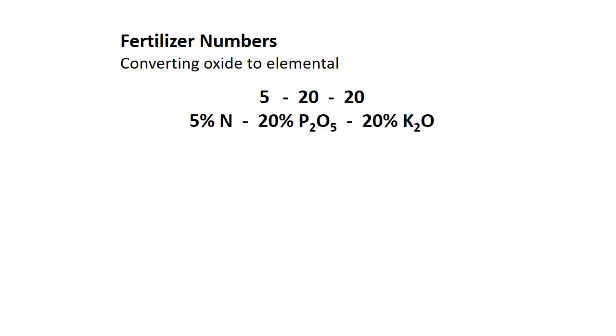So here's an example. All right, so say we have a 5-20-20 mix for our fertilizer. It's 5% nitrogen, 20% P2O5, 20% K2O.